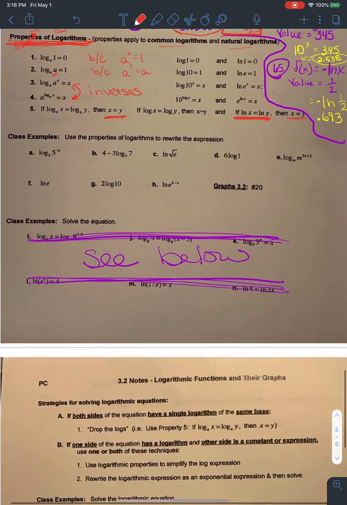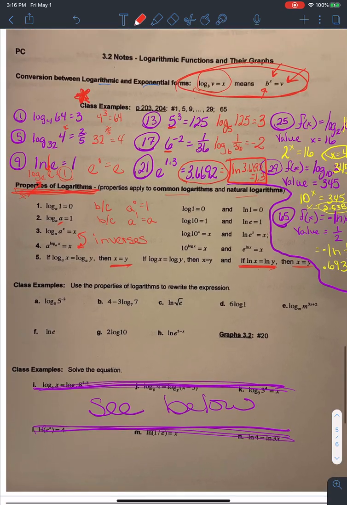Okay, let's zip through these last 2 sections and be done. Letter A says we're using these properties up here. So if we have log base 5 of 5 to the power of -2, I'm going to go up and look through those 5 properties and find one that kind of matches this.